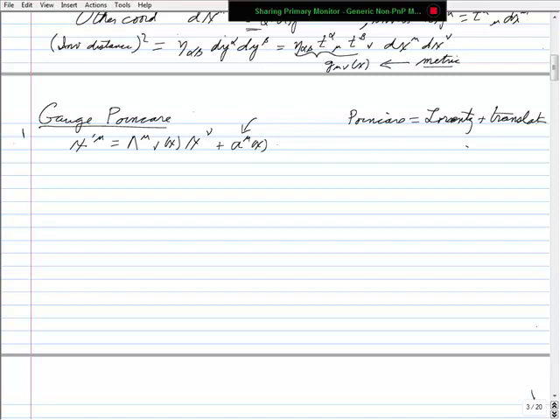So there's a general transformation that you can get, a local Lorentz transformation and a local translation. If you make this infinitesimal, dx mu prime is lambda mu nu dx nu plus some little d a mu of x. But at this stage, you can see that if you're making this guy completely general, you can just absorb that into here.